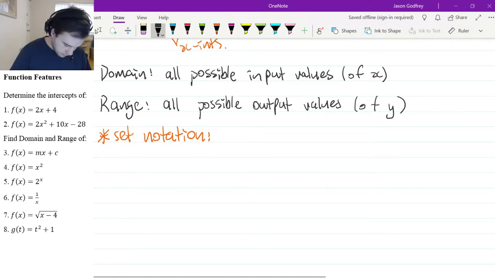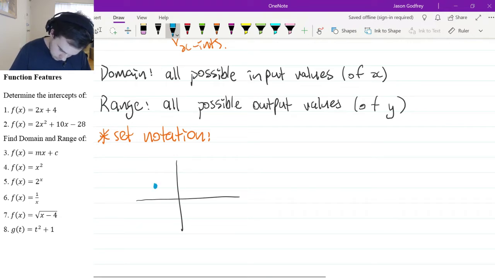So, for example, let me just draw a graph here. Right, so this graph that I'm drawing is a function. It's got unique output values for every input value. It passes the vertical line test.